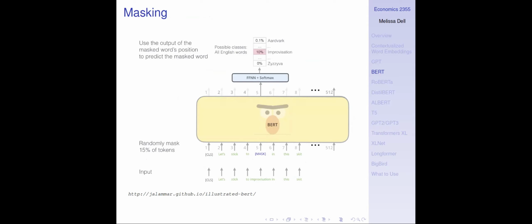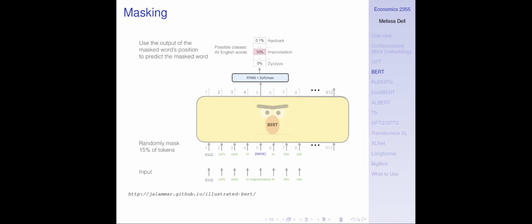So this is an illustration of masking. There's a sentence you pass in. I'm going to tell you about this class token and what that is for in a minute, but ignoring that for a second, you see the green words, you pass them in, but you're masking out some of them, and you're going to pass in up to 512 tokens of text. You're masking out 15% of those.